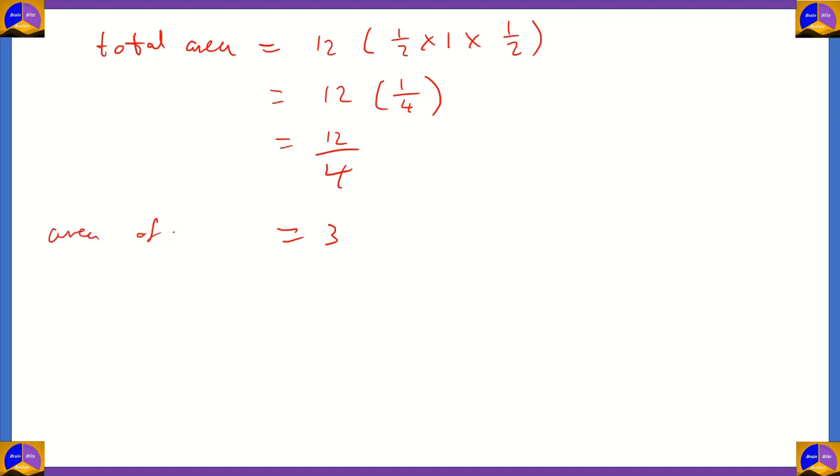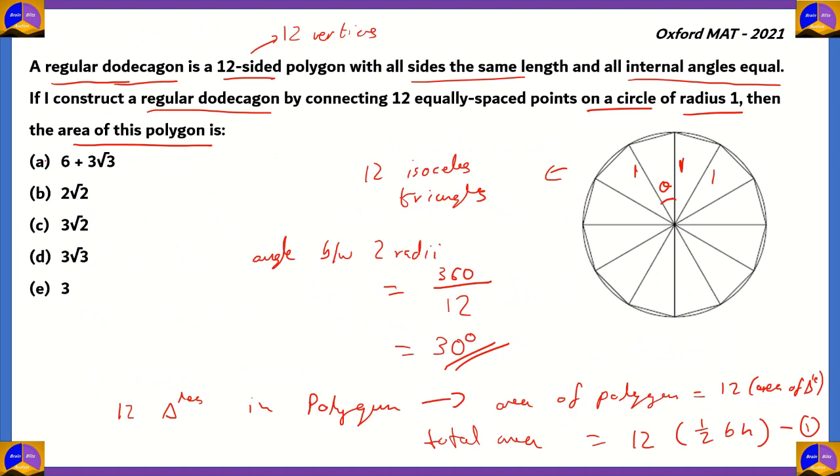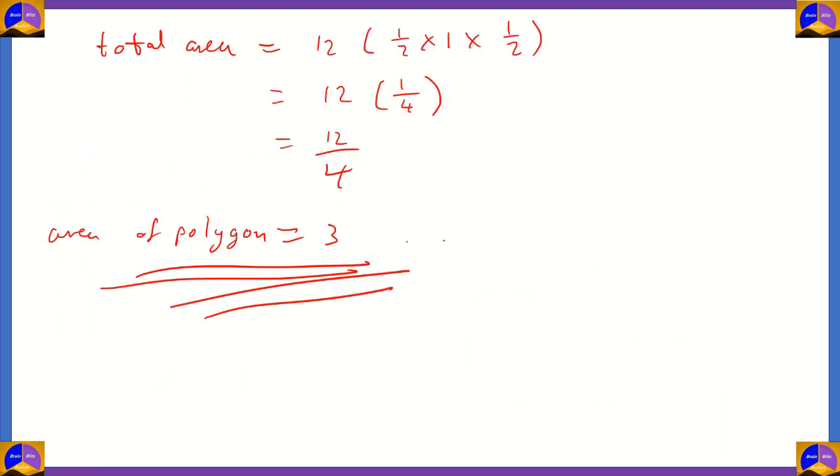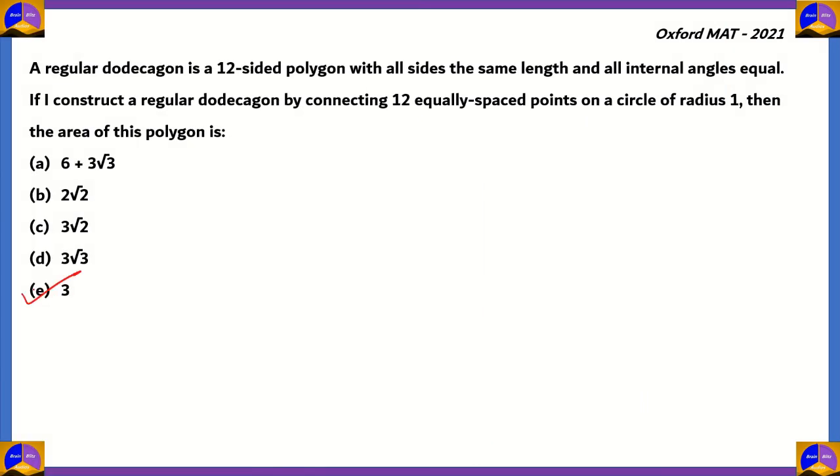So area of the polygon is actually equal to 3. Now if you look at our options, you can see that the only option that corresponds to it is option E. So option E turns out to be the right option in this particular scenario.